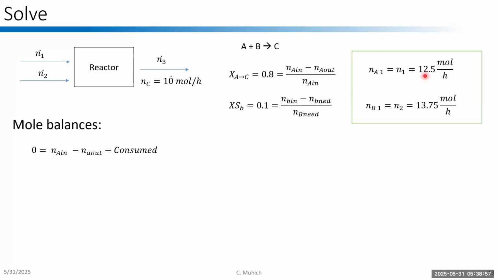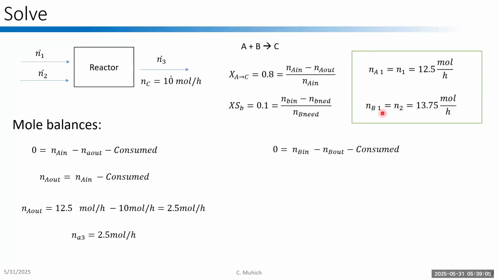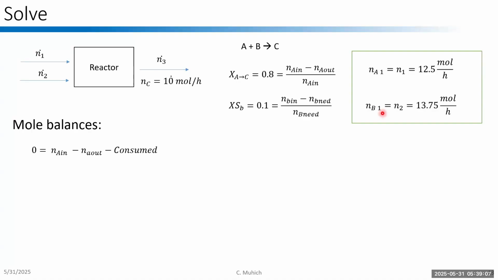All right. So this gives me the amounts coming in. I can now look at how much is flowing out through these streams. Remembering our mole balances, right? We have N_A in minus N_A out minus N_A consumed is 0.